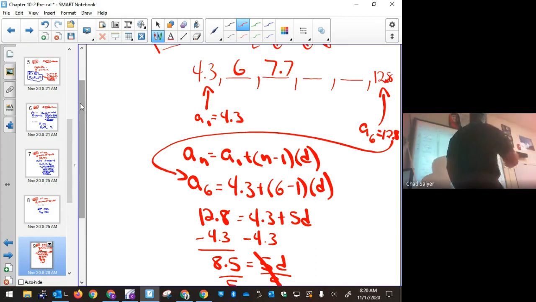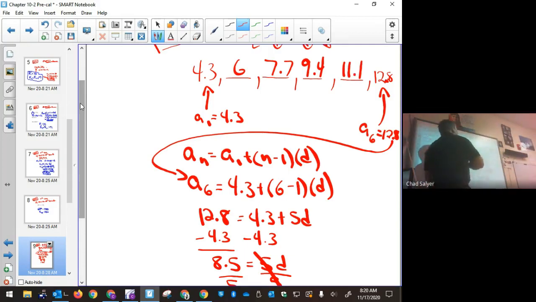And then 9.4, I believe. And then 11.1. And we found all those using our d value equals 1.7. So that's the method of finding arithmetic means.